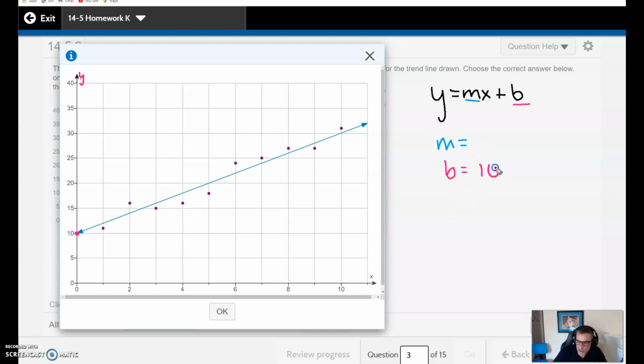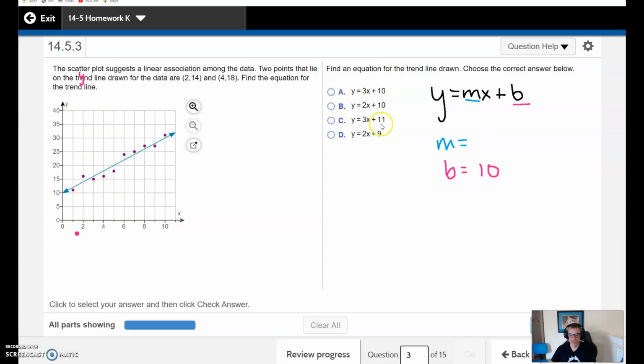So my y-intercept is 10. Okay, why is that important? Pun intended. That is important because I can look at my choices here, and 2 of them have a y-intercept of 10. So right away, I can eliminate choice C and choice D, right? I know it has to be one of these 2 choices. So now I just need to identify the slope.